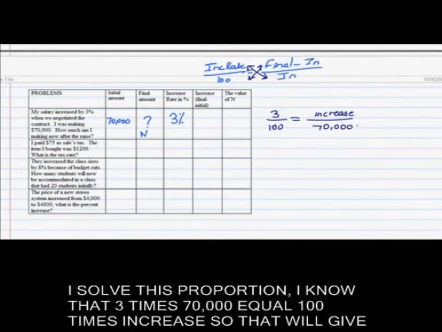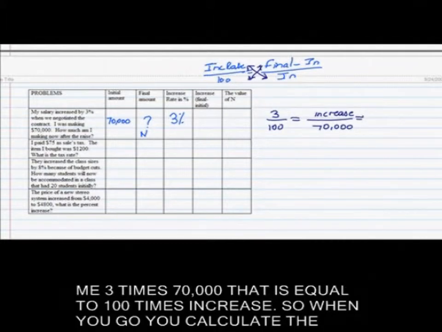Now, if I solve this proportion, I know that 3 times 70,000 equals 100 times increase. So that will give me 3 times 70,000 is equal to 100 times increase.